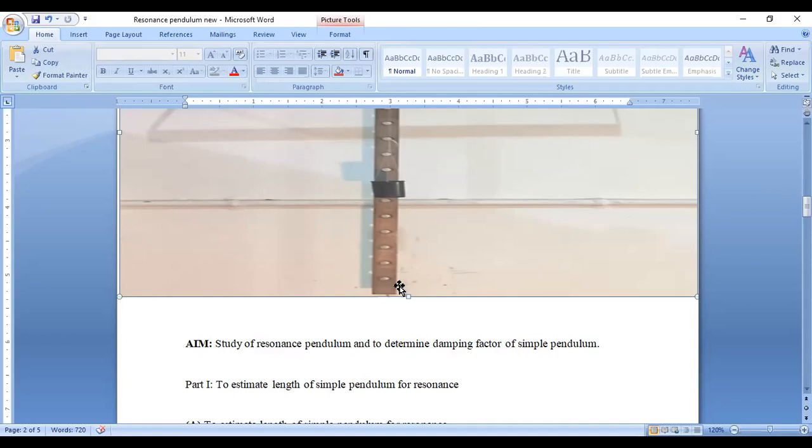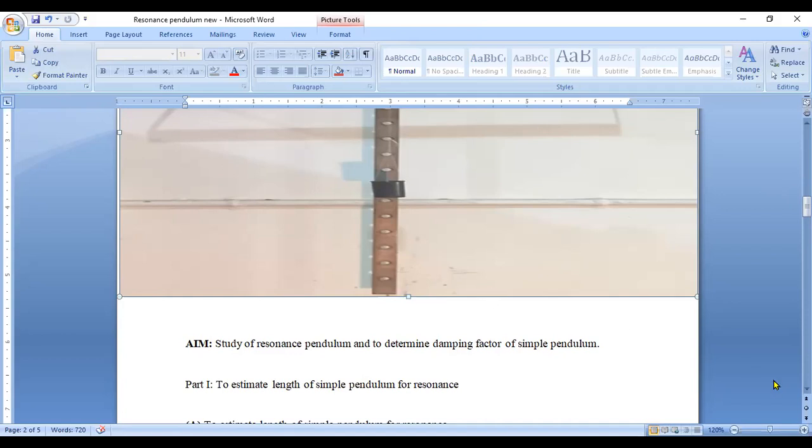So you activate the bar pendulum, give a small displacement so that the amplitude of oscillation becomes small, and measure the time required for 25 oscillations. Then you measure the periodic time, this T. That will be the periodic time of the simple pendulum for resonance.